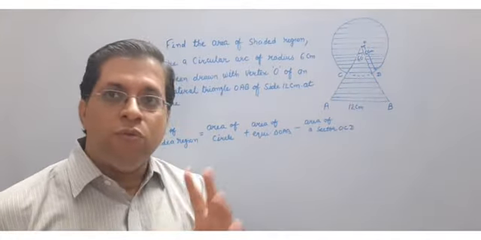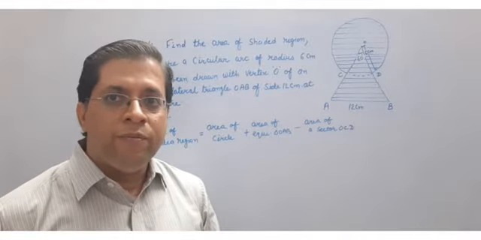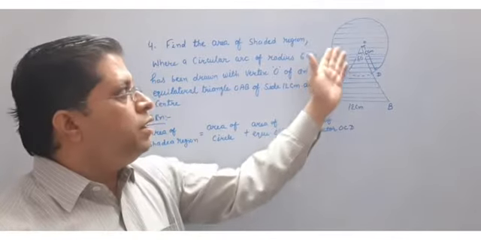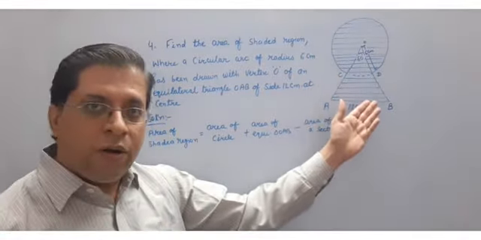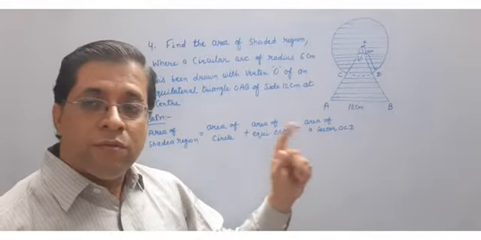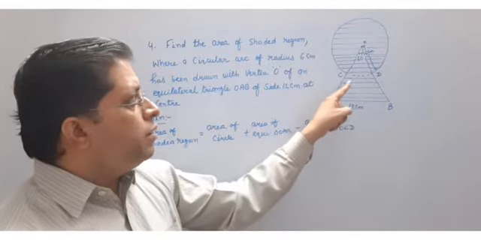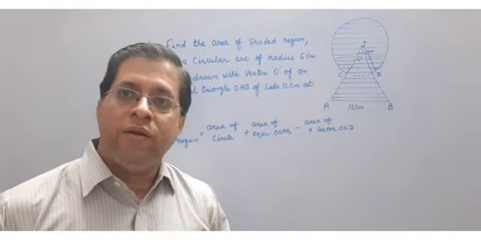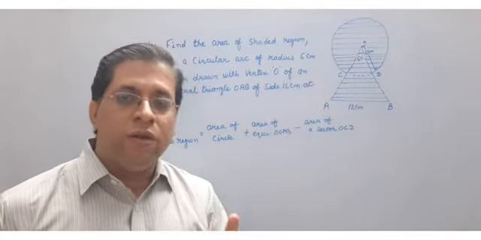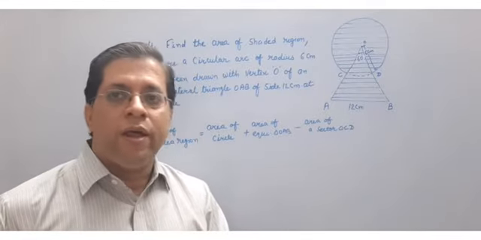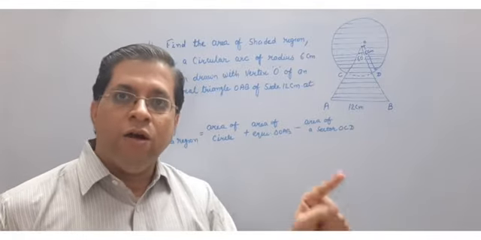Then what will be the shaded area? The shaded area will be area of circle plus area of equilateral triangle minus area of sector.